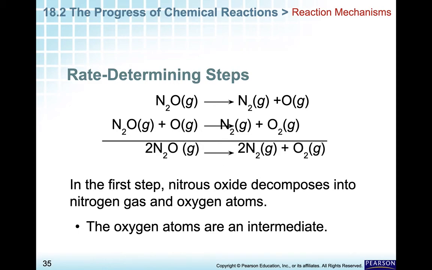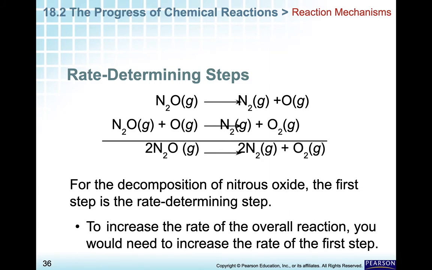So we've got our first step here. Nitrous oxide loses 1 oxygen. So now it's nitrogen gas and a single oxygen atom. That oxygen atom is going to be our intermediate. It was produced here, gets consumed in step 2. The first step is our rate determining step.